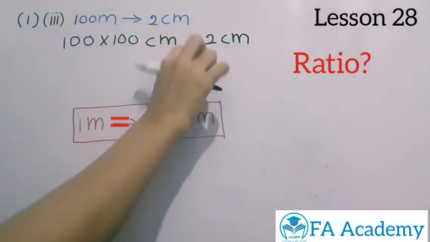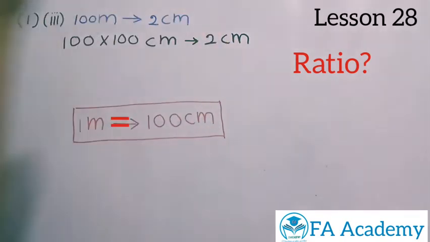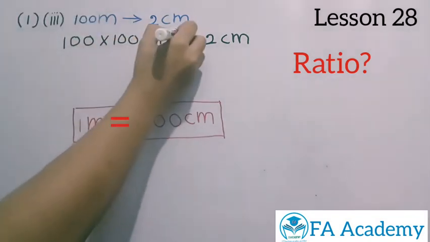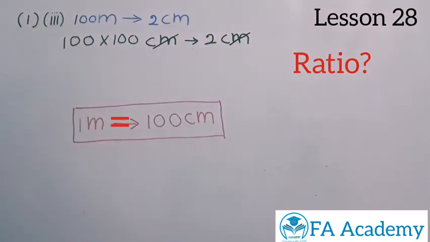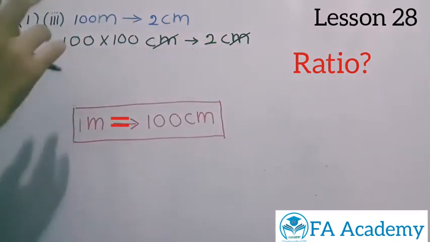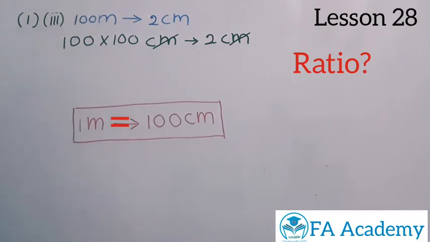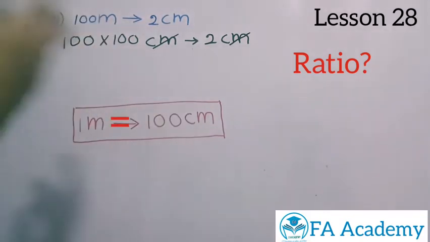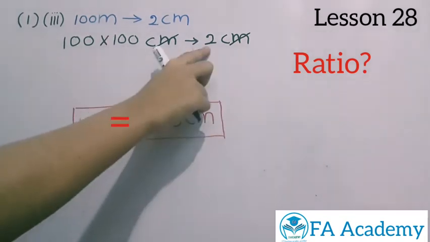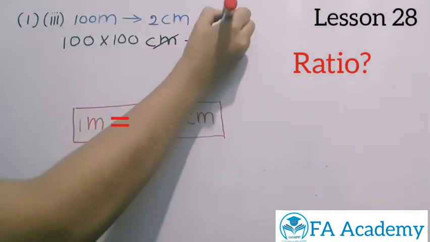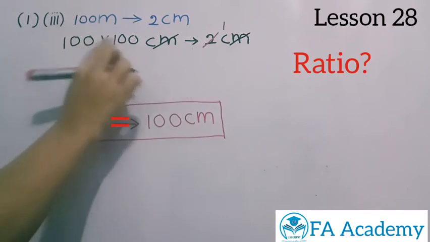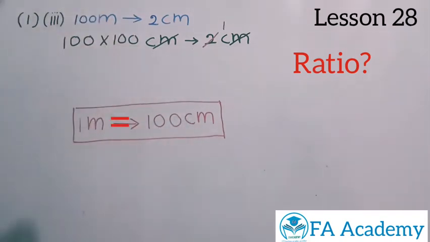Now don't keep this ratio mark because we have to cut the centimeters to keep the ratio mark. So in that case what you can do, you can cut these centimeters. Now it's in same unit. So after cutting that, what you can do, you have to simplify the answer. You have to get 1 into 100, 1 into 200, that kind of answer. So you can't keep 2 here, that you can simplify. 2 into 1. So one of these hundreds can be cut by 2.